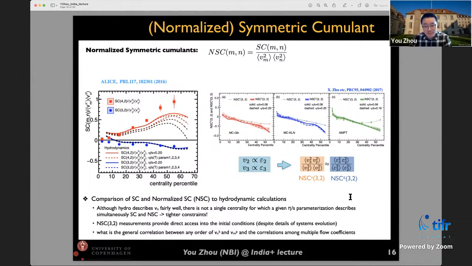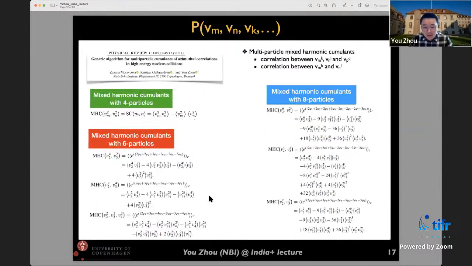And furthermore, you might wonder what the general correlation is between any order of Vn coefficients, or many different flow coefficients. This is only possible now with the so-called generic algorithm for multi-particle cumulants we published 2 years ago. This is basically a paper with very simple C++ code that allows you to do any multi-particle correlation, any multi-particle cumulant.